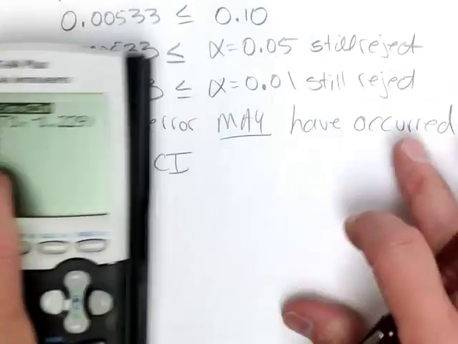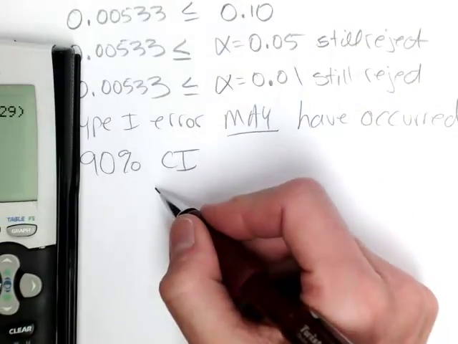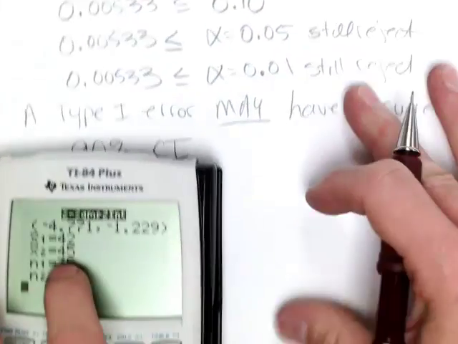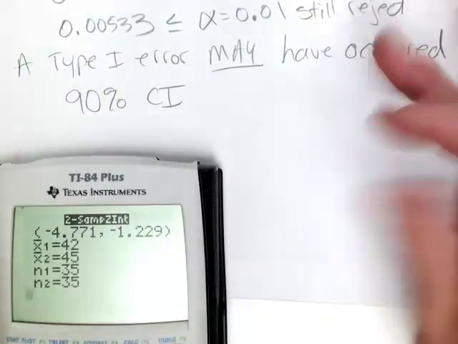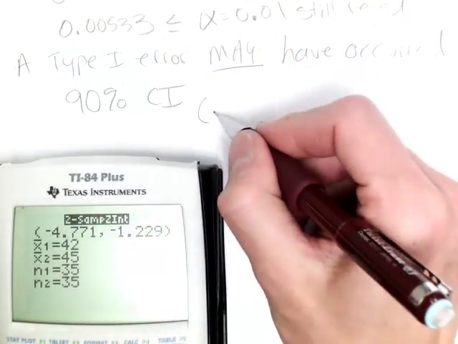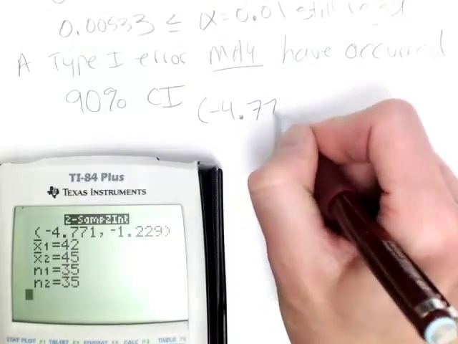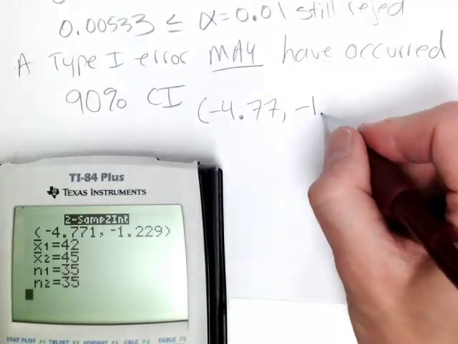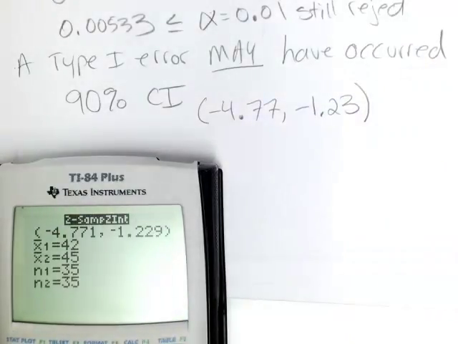Our confidence interval limits represent the difference between the two means. It goes from about -4.77 up to -1.23. What this is saying is that the second mean is on average a bit greater than the first mean.